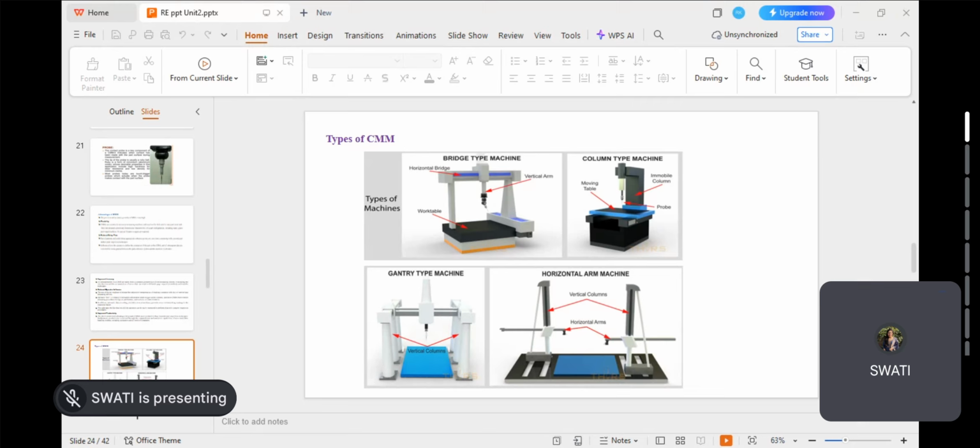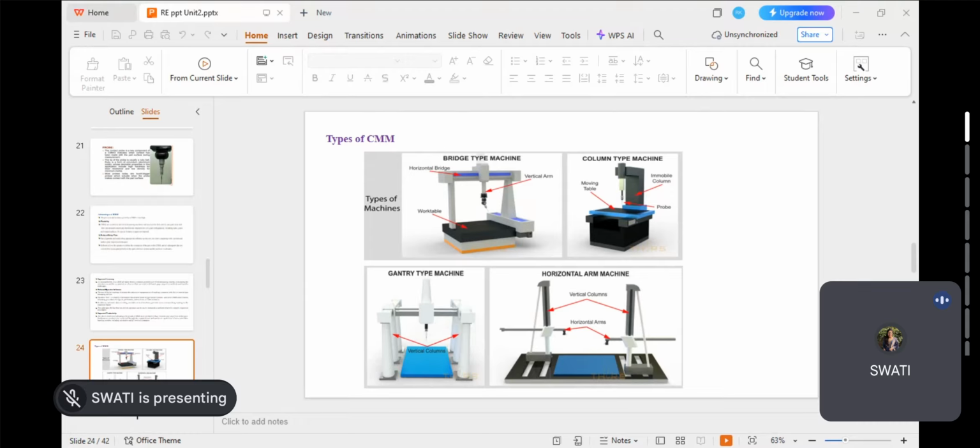If you are using the gantry type of coordinate measuring machine, and compare the bridge type and gantry type, then the gantry type CMM provides you more large component cloud points in comparison to the bridge type. So if somebody asks you which type of CMM you will use for a large component, you have to give the answer that it is the gantry type.